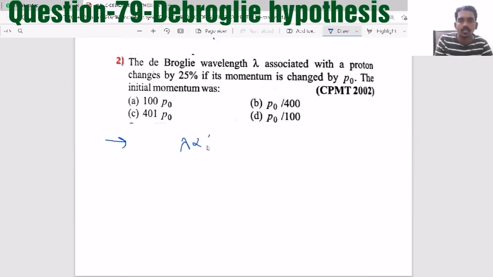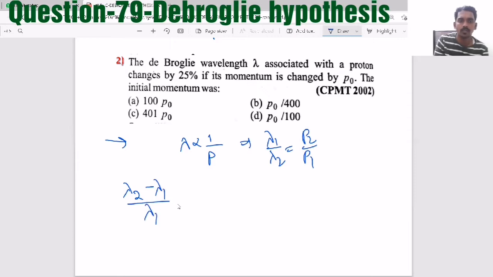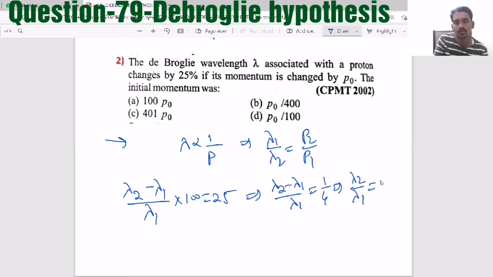So lambda is inversely proportional to P, so lambda 1 by lambda 2 equal to P2 by P1, where the change in wavelength, lambda 2 minus lambda 1 by lambda 1 into 100, is 25%. That means lambda 2 minus lambda 1 by lambda 1 equal to 1 by 4, so lambda 2 by lambda 1 equal to 5 by 4.